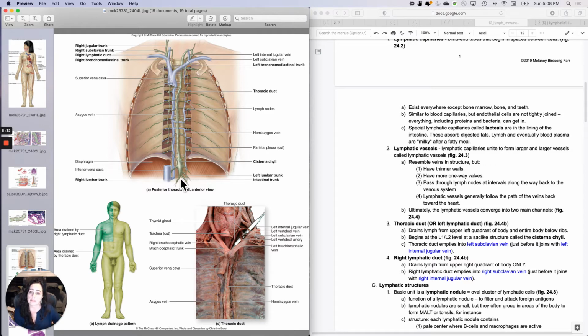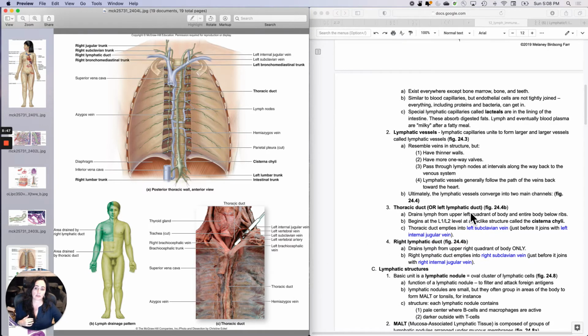So why are these such different sizes? Because of the drainage pattern for these two. Notice again, all of the lymphatic vessels that we looked at before are going to drain into one of those two things. The thoracic duct, this big honker right here, also called the left lymphatic duct, is going to gather up lymphatic vessels from a whole bunch of different places.